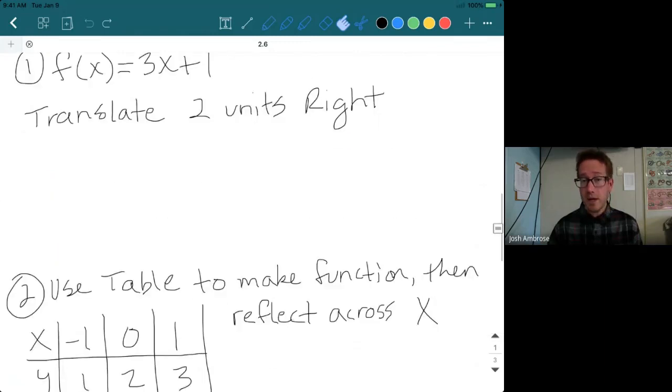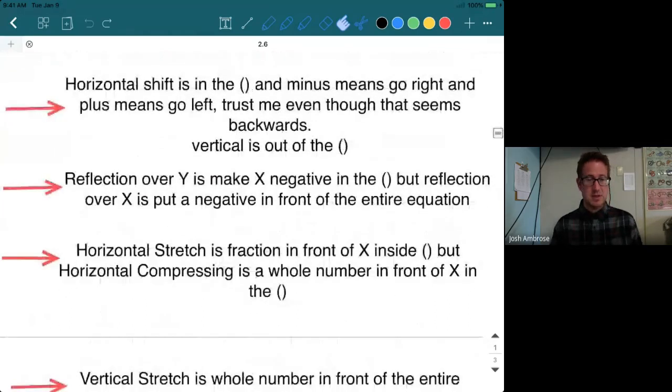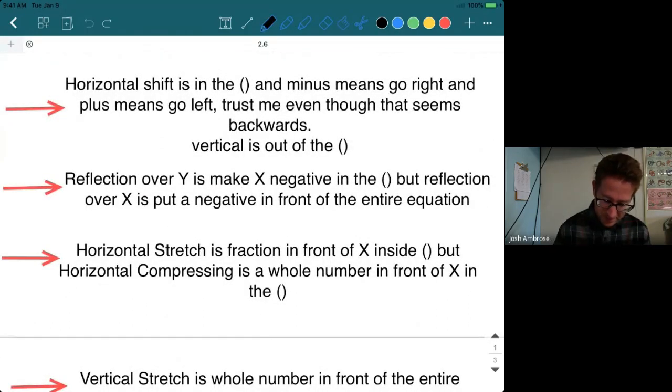We want to go to the right. But if you remember, it's a little bit backwards here. That means that in the parentheses, follow me, in the parentheses, that means that we will have a minus sign if we want to go to the right.